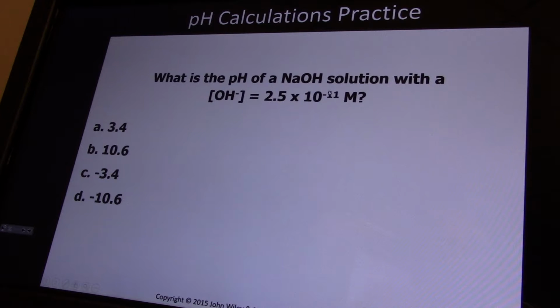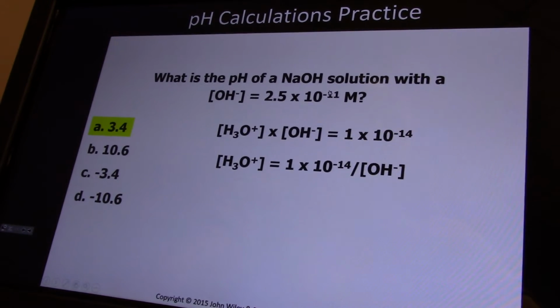What is the pH of a sodium hydroxide solution with an OH- concentration of 2.5 times 10 to the negative 11? Well, it's a trick question, because they want the pH. pH is the negative log of H+. They didn't give you that. But you do remember that H+ times OH- is always equal to 1 times 10 to the minus 14, always. And so we first find the H+ concentration with that knowledge.